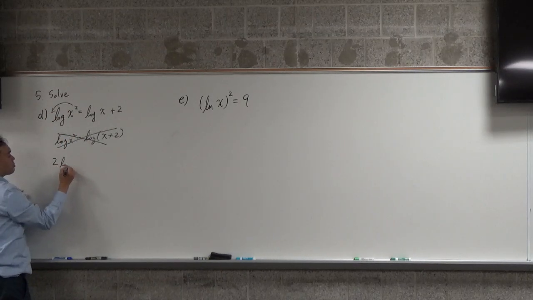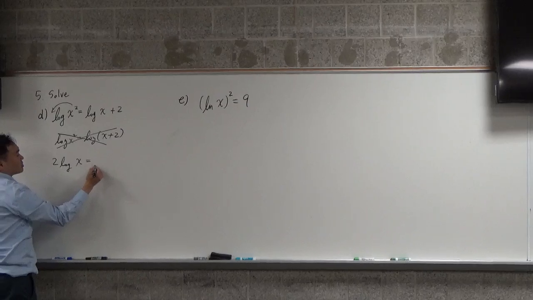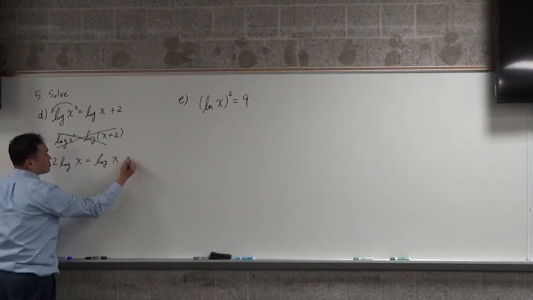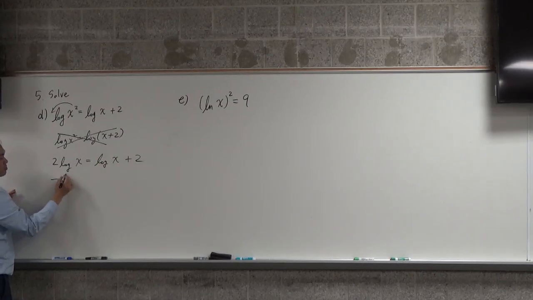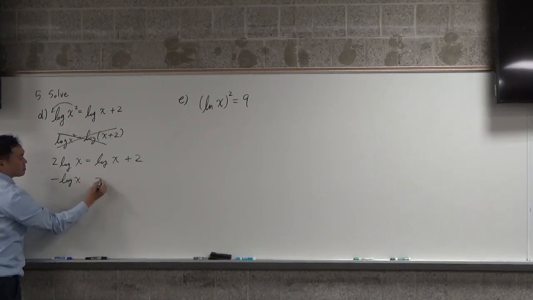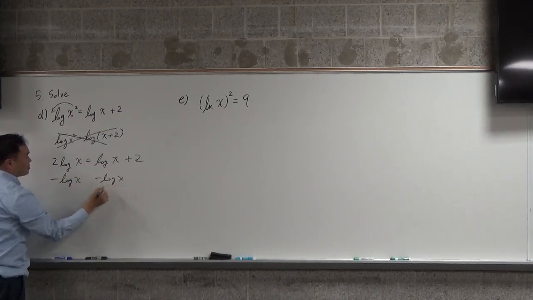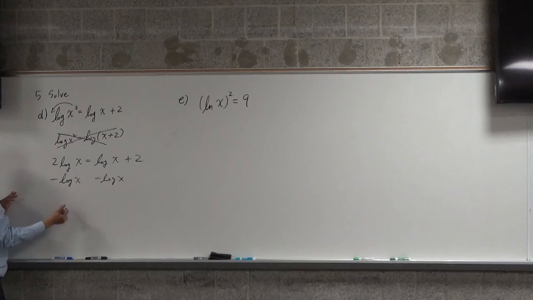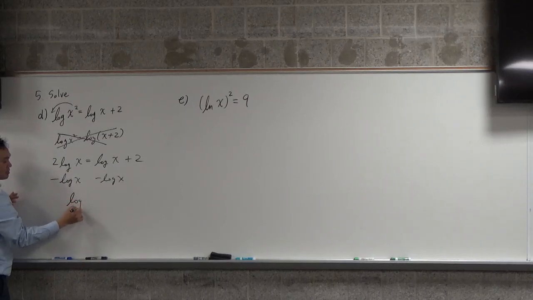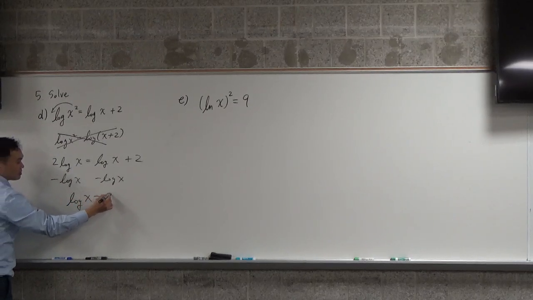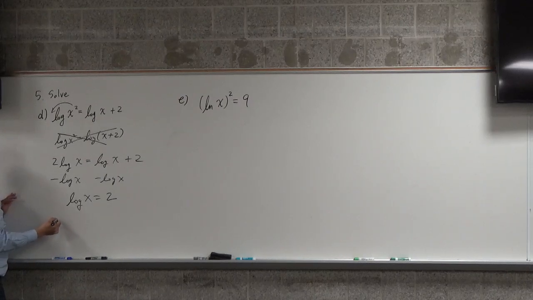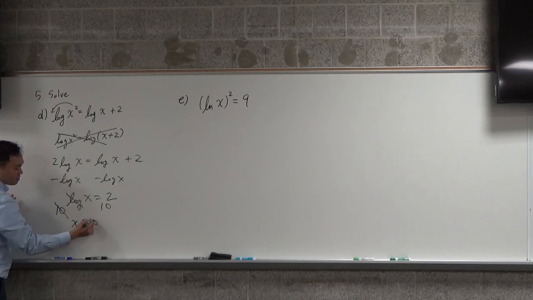It's 2 log of x equals to log of x plus 2, and then you subtract log of x both sides. What's 2 log of x minus log x? 2. Now what do? You raise it over 10. So cancel the log and you get x equals to 100.